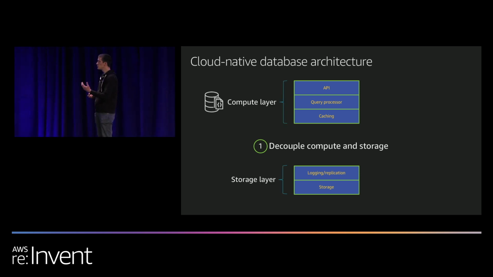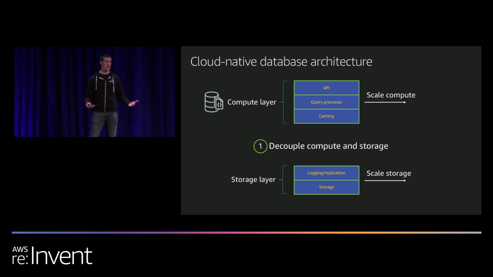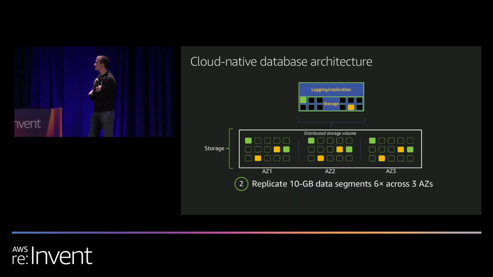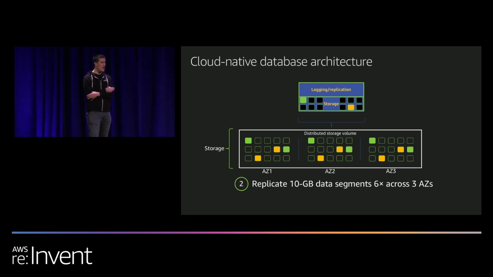And what that allows us to do by separating storage and compute is that these two things can scale independently of each other. And that provides a tremendous amount of value for databases, these things don't have to scale as monolithic units. We even went one further and said, well, let's not have this huge monolithic disk, but let's actually break up the disk into 10 gigabyte partitions and then replicate these things 6 ways across 3 AZs.